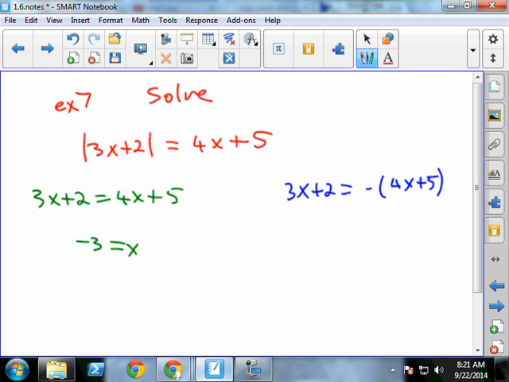Does everyone get why I'm setting up that negative quantity there? I hope that makes sense. So I get 3x plus 2 is negative 4x minus 5. So 7x is negative 7, and x equals negative 1. So they're both answers.